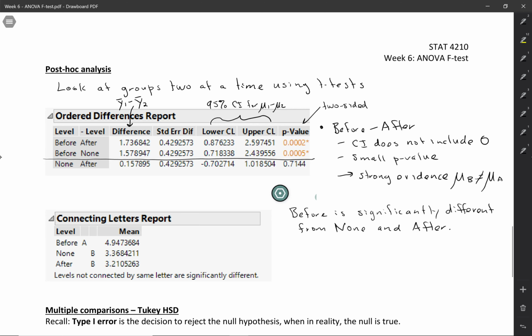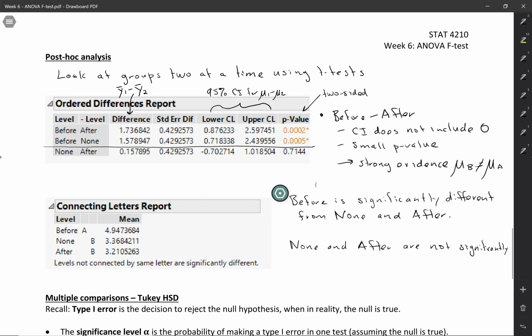But then none and after are both the letter B, so none and after are not significantly different from each other. So we don't have enough evidence here to say that those two treatments are actually different from each other.